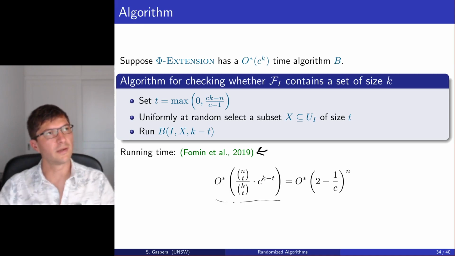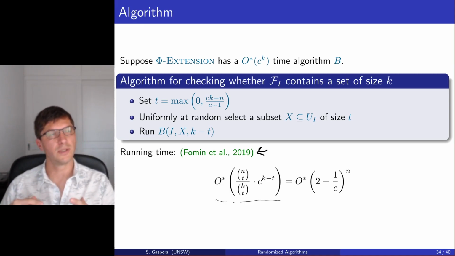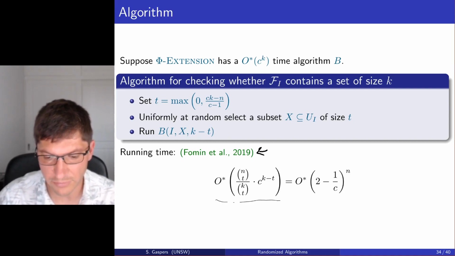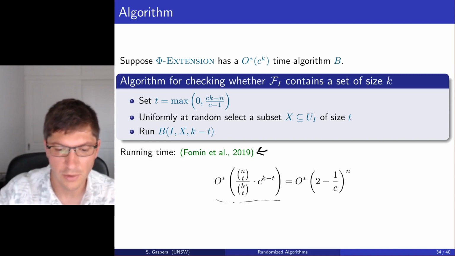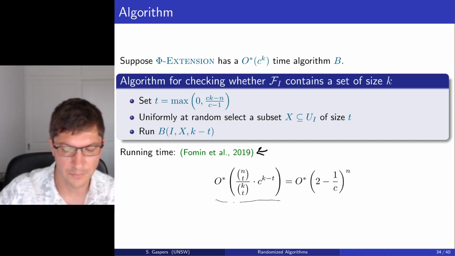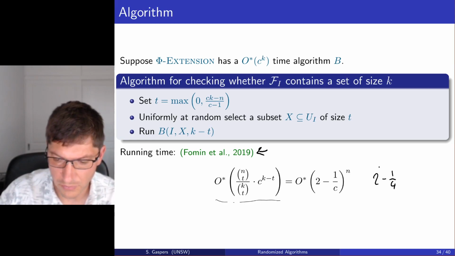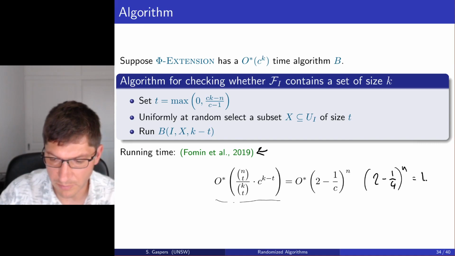With our previous technique, we had a bottleneck when we only had a 4 to the power k time algorithm. But now, if we have a 4 to the power k time algorithm for the extension problem, then we get a (2 minus 1/4) to the power n time algorithm, and that's of course 1.75 to the power n.